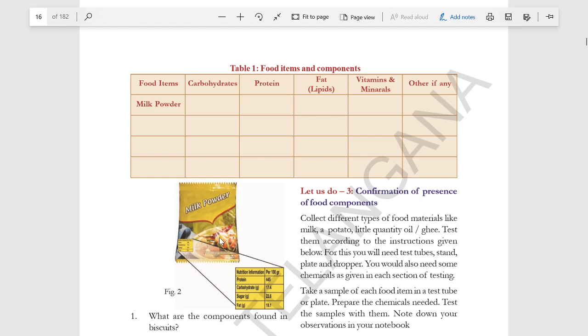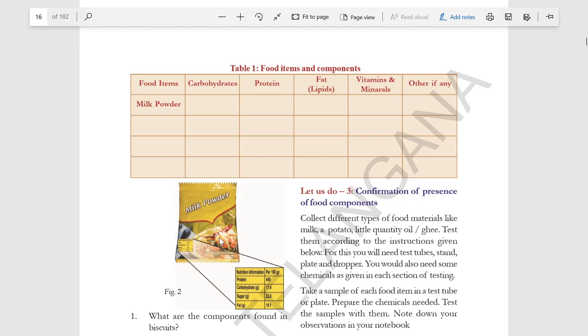How do we get carbohydrates? Carbohydrates are formed by plants, using carbon dioxide and water, by the process called photosynthesis.